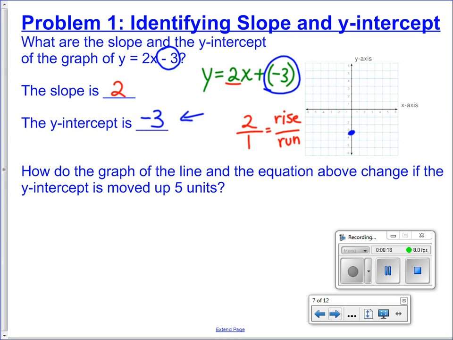So starting from our y-intercept, we're going to go a rise of 2 and a run of 1. And there's another point. Rise of 2, run of 1. There's another point. Rise of 2, run of 1.